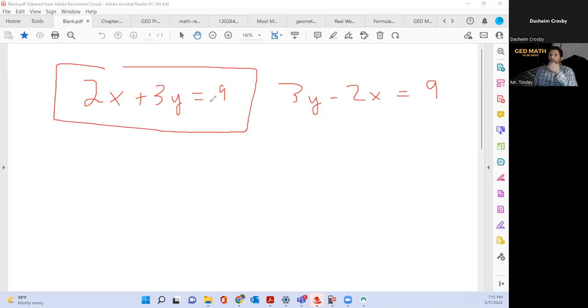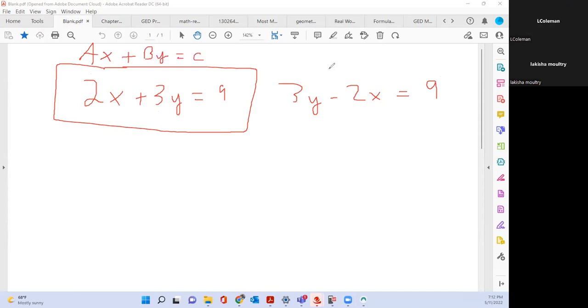Is this in standard form? What is standard form? Yes, it's in standard form. AX plus BY equals C. Is this in standard form? No, it's not in standard form. But can I change this to be in standard form?